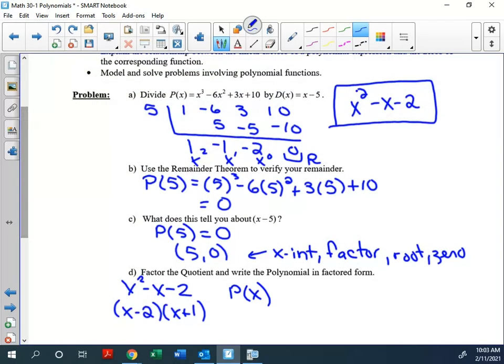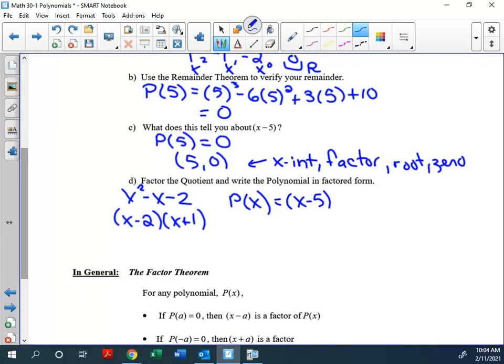I like to think to myself, if this is a cubic, I should have 3 factors in this case. The first factor that worked was when I divided out x minus 5. When I factored the rest of the quotient, I had x minus 2, x plus 1. That is the factored form of that original cubic polynomial.